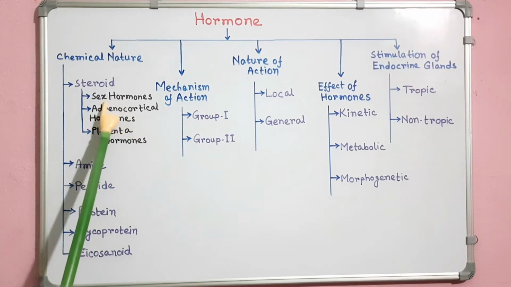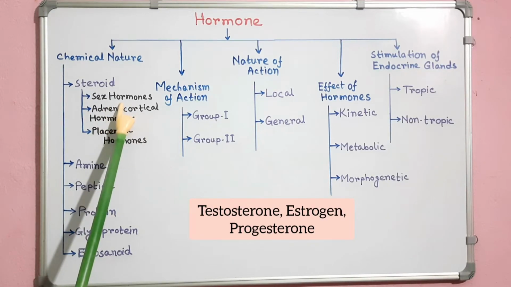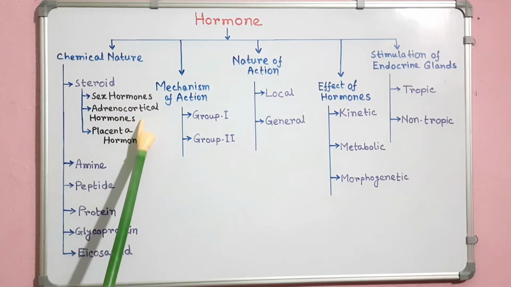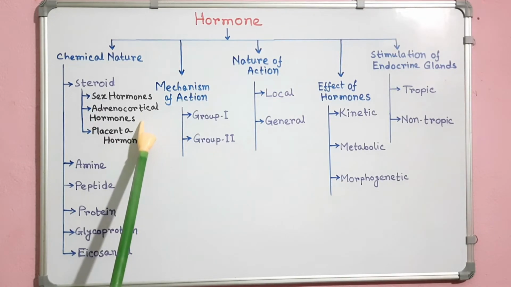Sex hormones are a group of hormones produced in the testes in males and ovaries in females. Example: testosterone, estrogen, progesterone, etc. The adrenocortical hormones are produced in the adrenal cortex.